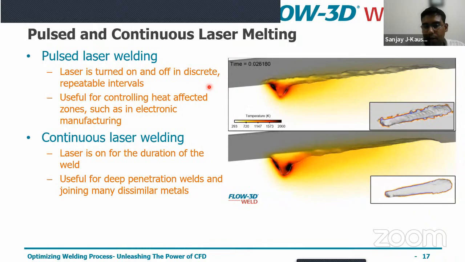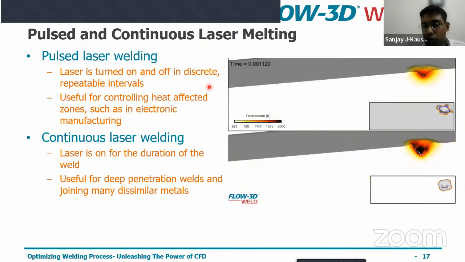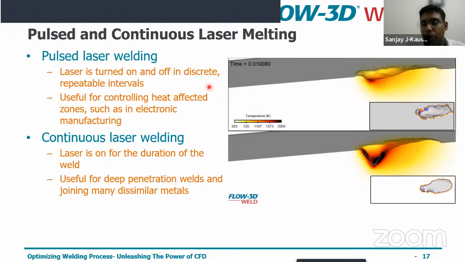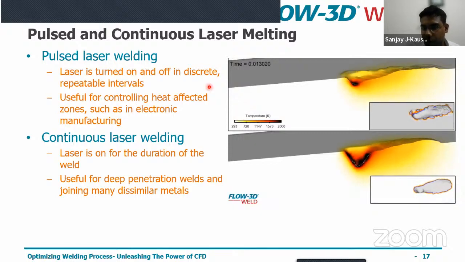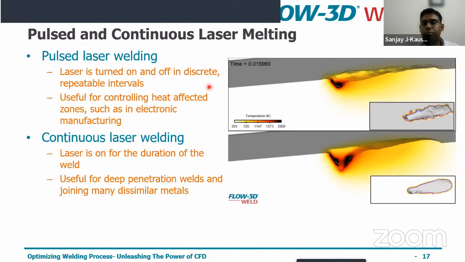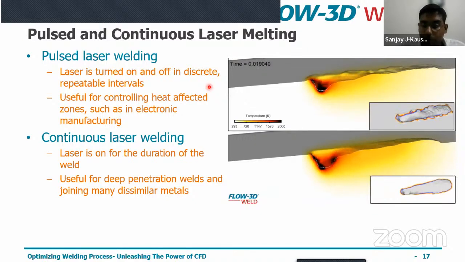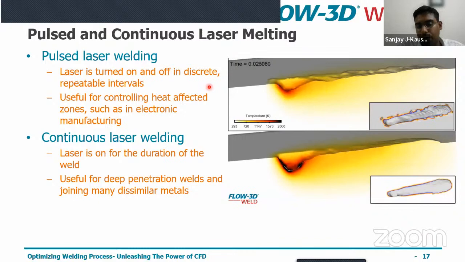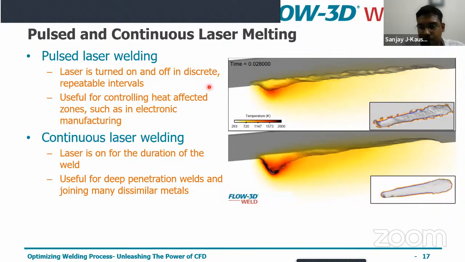But we cannot do a very deep penetration of metals in pulsed welding, whereas in continuous, you can do a very deep penetration and also join dissimilar metals, where you can melt and join two different kinds of metals using continuous laser welding.